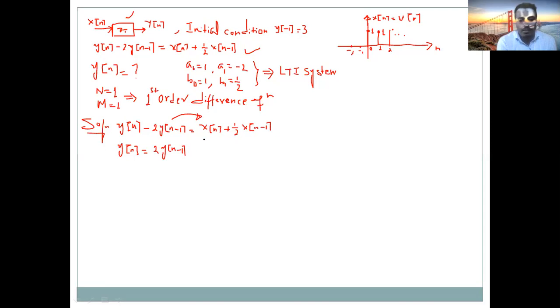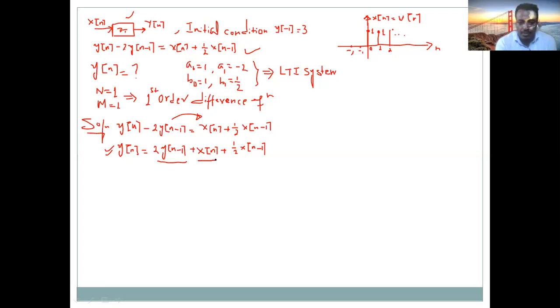How about the input side? Plus x of n plus 1 over 2 x of n minus 1. So what do you understand from this equation? The output at present time n depends on the output one sampling time before, the past value.